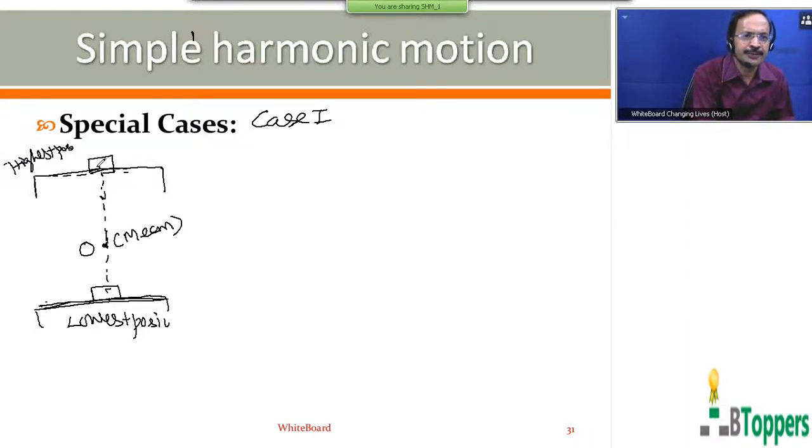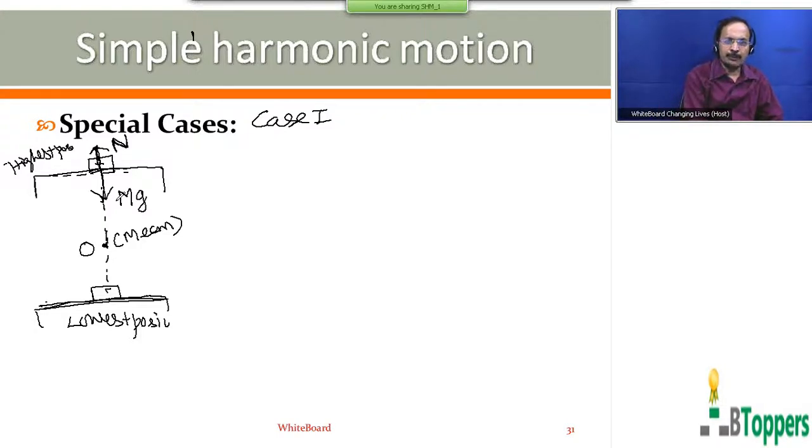One is its weight mg, which acts vertically downwards, which is the gravitational force on the block by the earth. Then the second one is a normal reaction force on the block by the surface of the platform, which acts perpendicular to the surface of the platform and directed away from the surface of the platform.